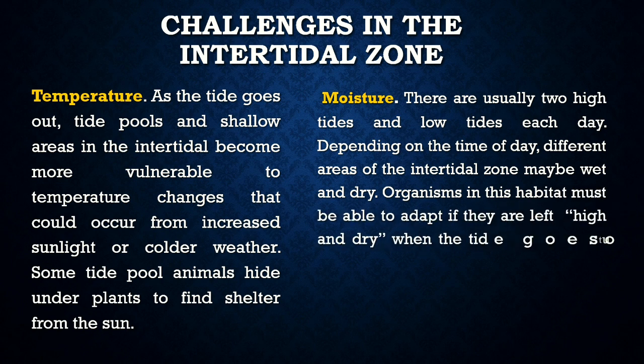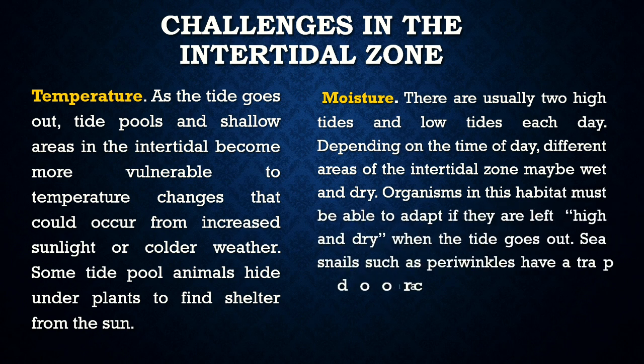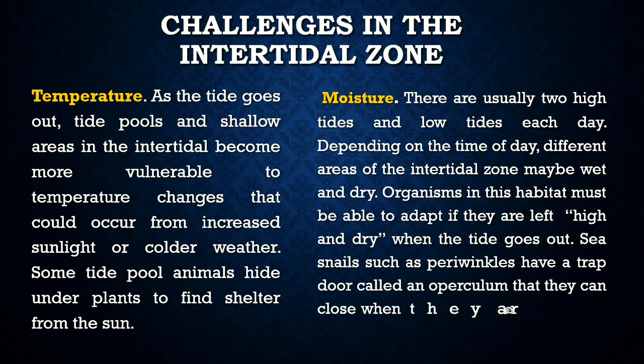Depending on the time of day, different areas of the intertidal zone may be wet and dry. Organisms in this habitat must be able to adapt if they are left high and dry when the tide goes out. Sea snails such as periwinkles have a trap door called an operculum that they can close when they are out of water to keep moisture in.